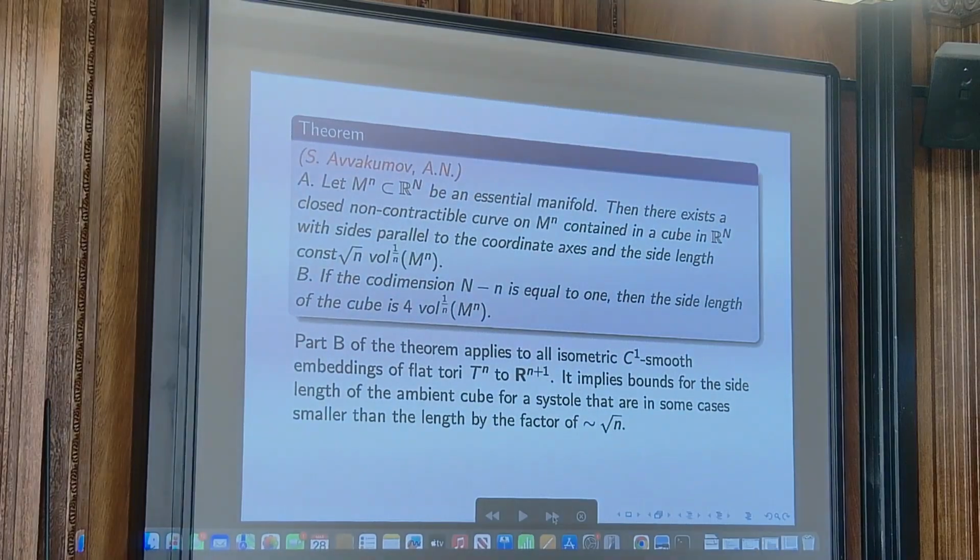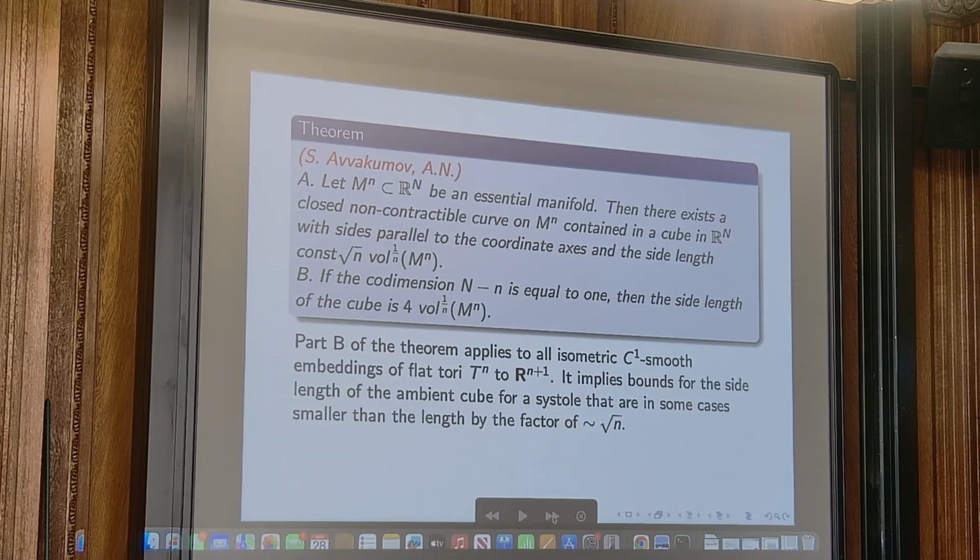Part B might look a little bit strange. So first of all, where this theorem applies. The smoothness here is not very important. So we could apply this theorem to, say, C1 smooth manifolds.